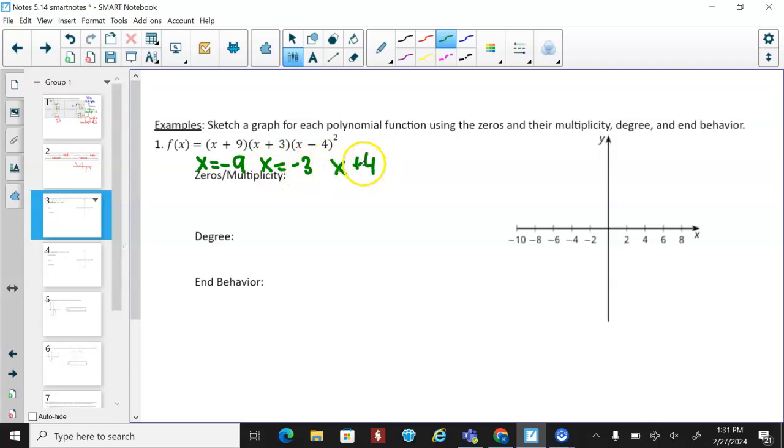I set each of these parentheses equal to 0, and I got the opposite sign, okay? Now, these are my zeros, and I am going to graph them right here. So this is at -9, this is going to be at -3, and this is going to be at +4.